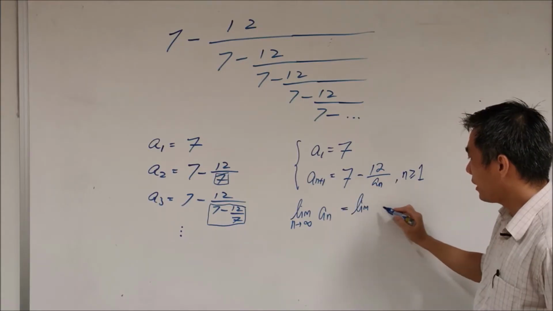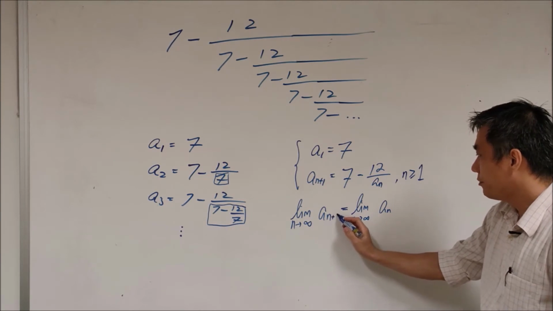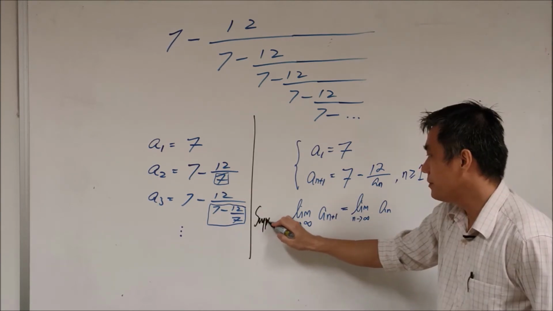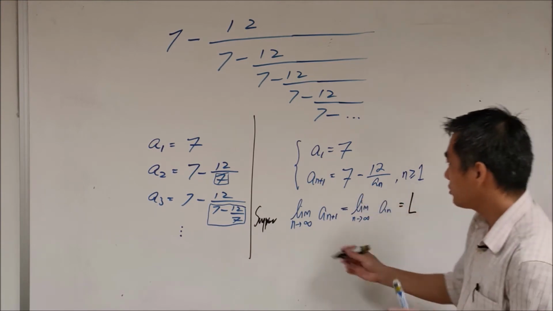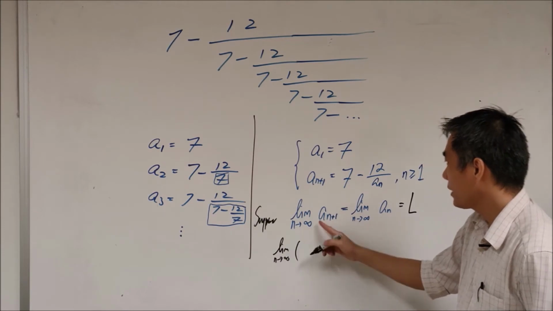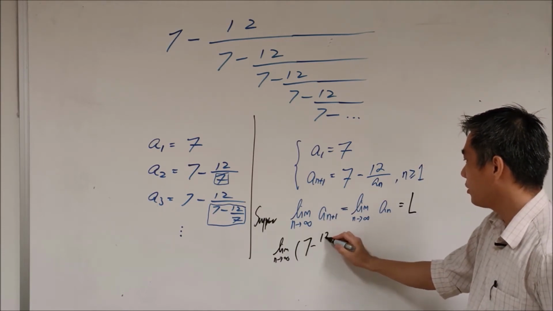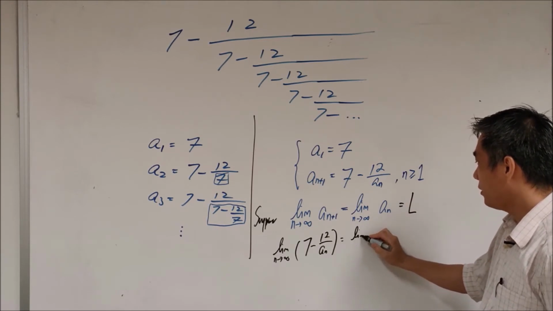When n is big enough, either An or An plus 1, they are both the same. Suppose that the limit exists and the limit is equal to L. Then this will be equal to the limit as n goes to infinity of An plus 1, which is 7 minus 12 over An, and this is equal to the limit of An.